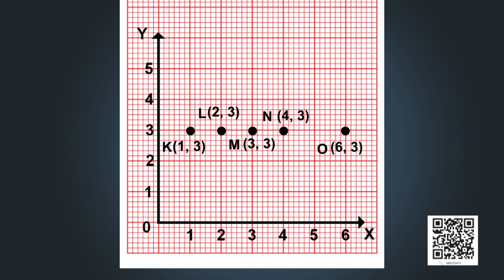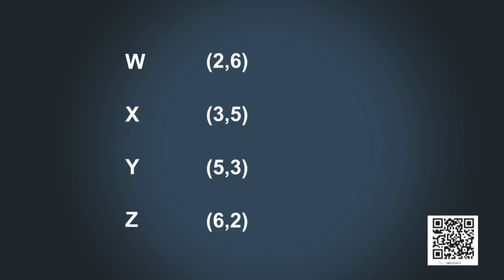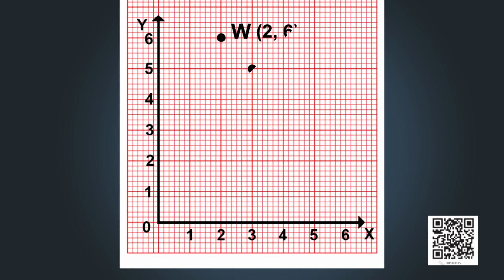Here we can observe that all the points lie on a straight line. This line is parallel to the x-axis. Next, we will plot W, X, Y, Z. The coordinates are (2, 6), (3, 5), (5, 6), (2) respectively. W, X, Y, Z lie on a straight line.